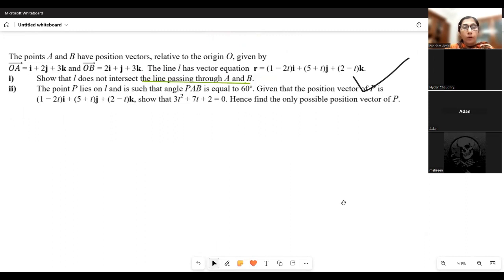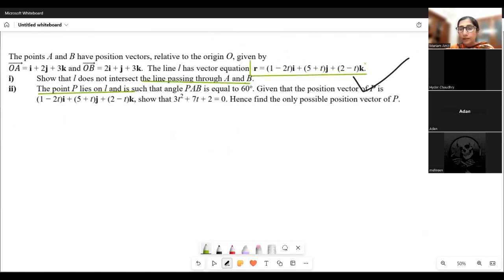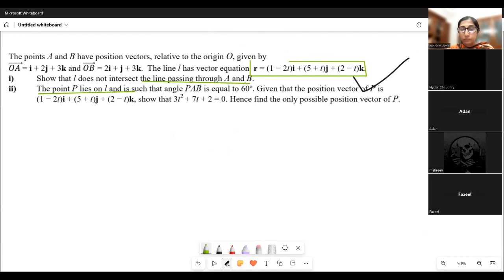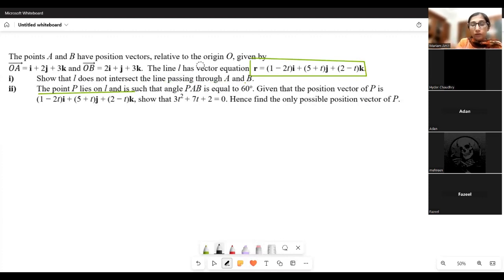Point P lies on L. So where's the equation for line L? Here it is. So there's a point P that's lying here, such that angle PAB equals 60 degrees. So we know the formula for this.